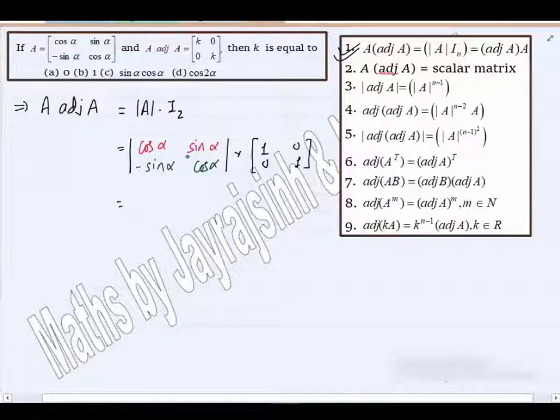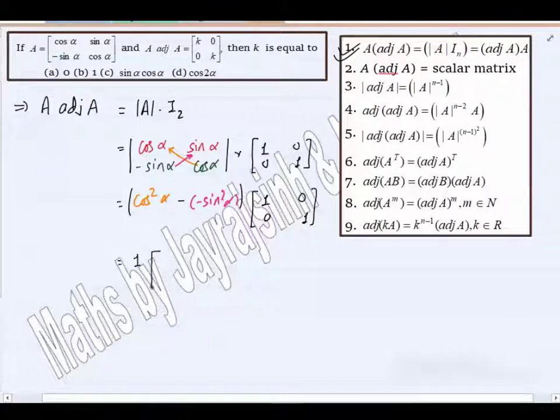Now simplify the determinant, cross multiply cos alpha with cos alpha will give us cos square alpha, then minus sin alpha into sin alpha will give us minus sin square alpha, right? And I2 will be as it is. Okay. Here cos square alpha plus sin square alpha give us 1.